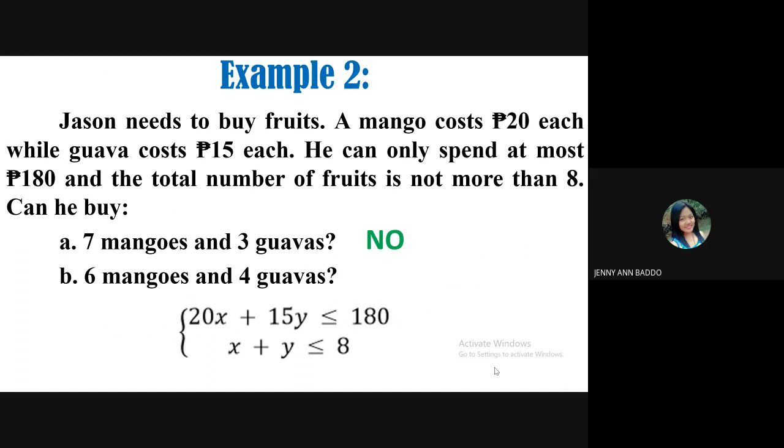Now for the second linear inequality, we have 6 plus 4 by substitution. That's 10 is less than or equal to 8. Since 10 is not less than or equal to 8, the answer for that question is another no.